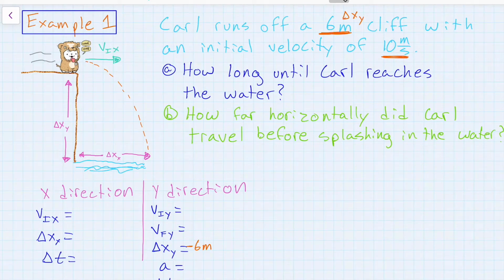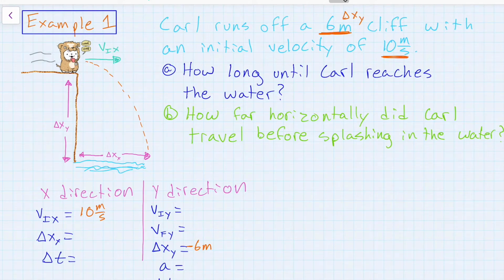The next piece of information that we're given is that Carl has an initial velocity of 10 meters per second. So if he's running off this cliff, all of his motion is in the horizontal direction. So that is the initial velocity in the x direction, and that is 10 meters per second. And that seems like that's all that we're given, but that's really not the case. Remember that a projectile motion problem combines the motion in the x direction as well as the y direction: a free fall problem combined with a constant velocity problem.